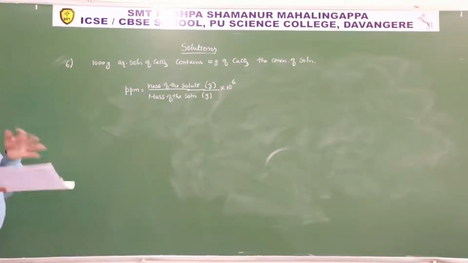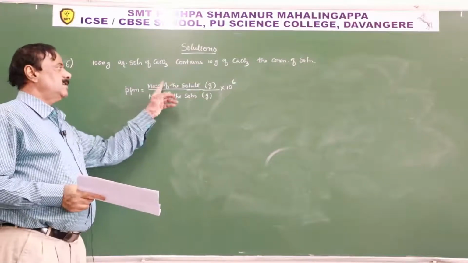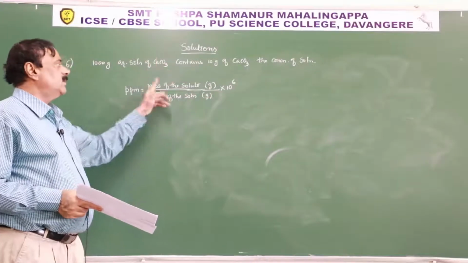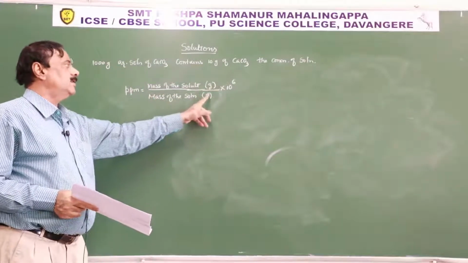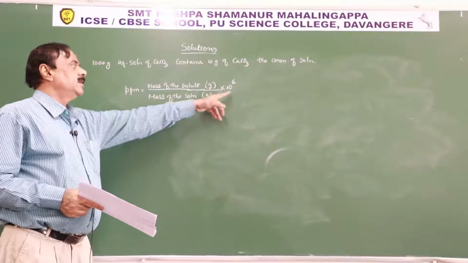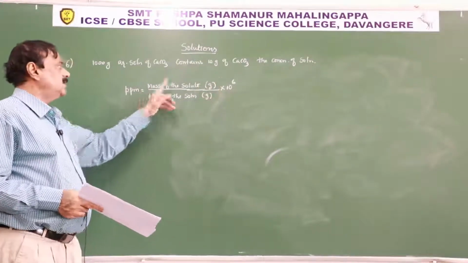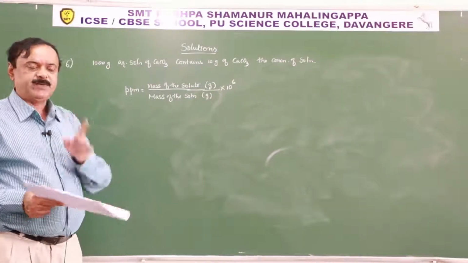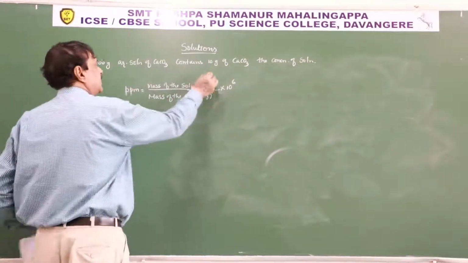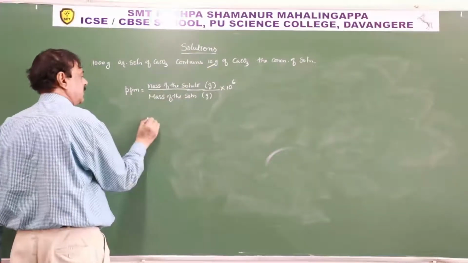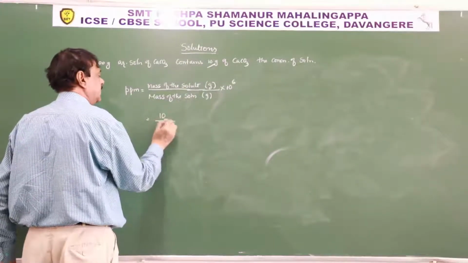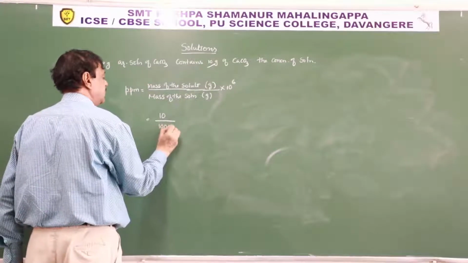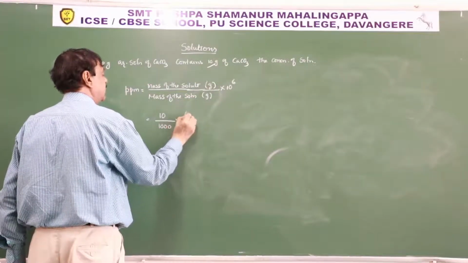We can express the ppm in various methods: mass of the solute divided by mass of the solution into 10 to the power of 6, or volume of the solute divided by volume of the solution, both in liters or ml, into 10 to the power of 6, or mass of the solute divided by volume of the solution into 10 to the power of 6. Here the mass of the solute, calcium carbonate, is 10 gram, and the mass of the solution is 1000 gram, into 10 to the power of 6.